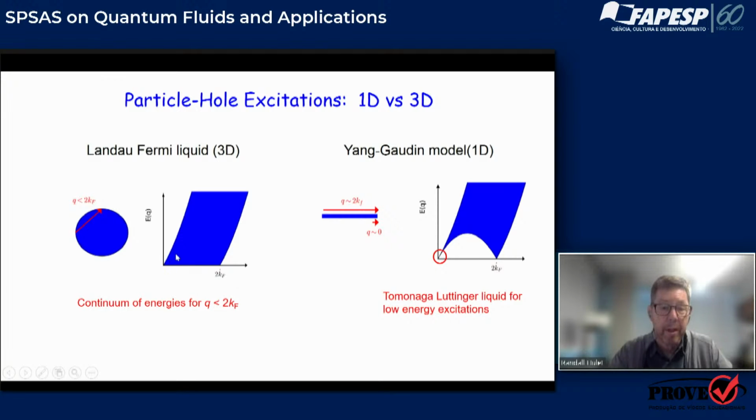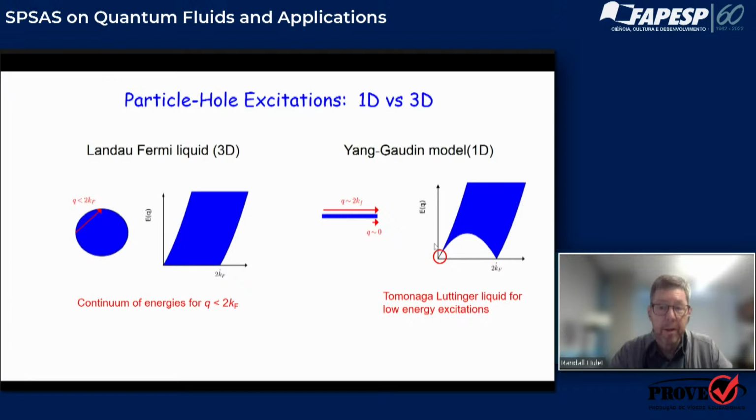This is the energy spectrum for the electron, and you can see that there's a continuum of energies allowed for momentum transfers less than 2 kF. So 2 kF means going from one side of the Fermi sphere in momentum space to the other. The radius is kF, and the diameter is 2 kF.